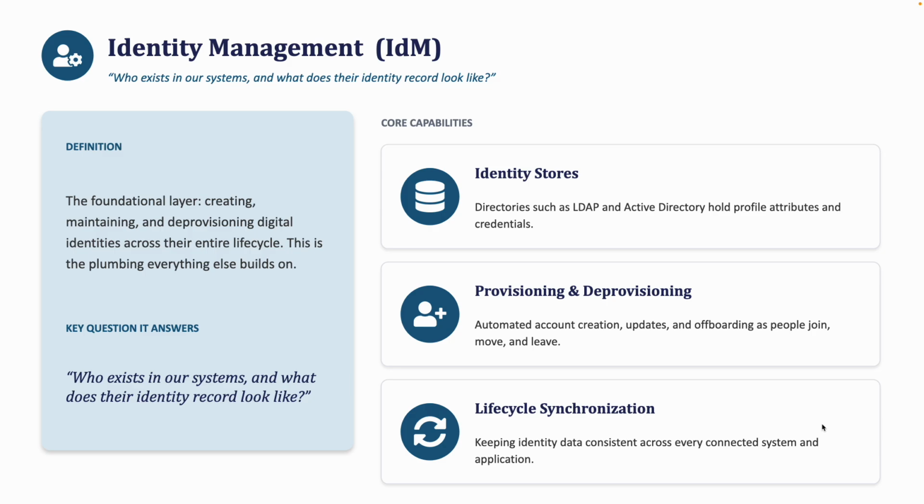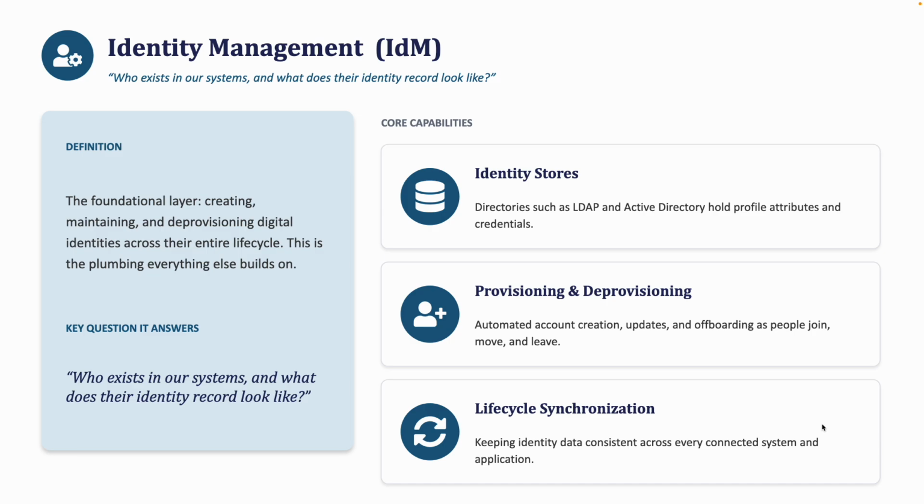Those details will usually be stored in an identity store, and that identity store can typically be an LDAP, lightweight directory access protocol. We call them LDAP directories, and Microsoft Active Directory is an example. Or it can even be a simple database. It enables provisioning and deprovisioning of user accounts and agent accounts.